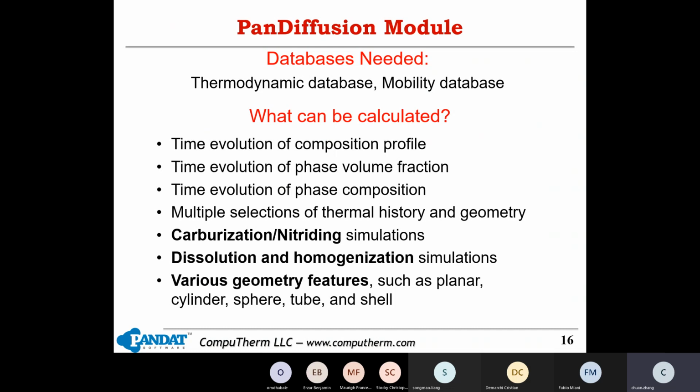We can do the different couple simulation, or some special processing, such as carbonizing, nitriding, dissolution, homogenization. We also can consider the various geometry features. So a few examples will be given in the next few slides to show the functions of this module.